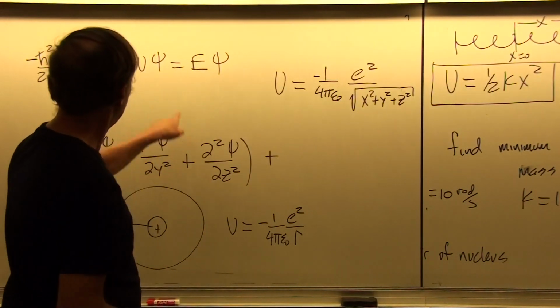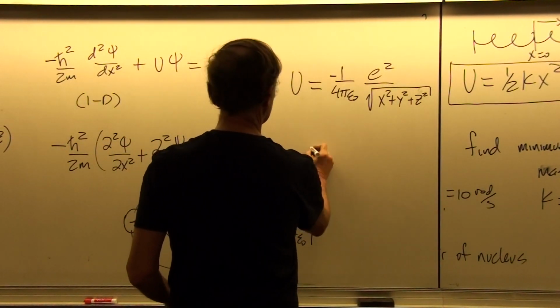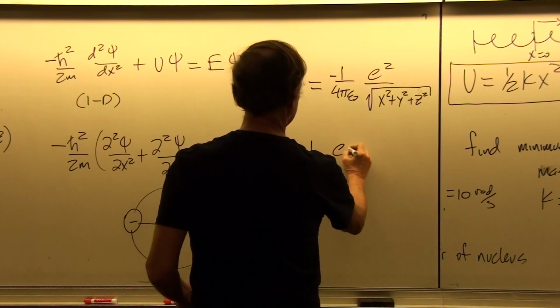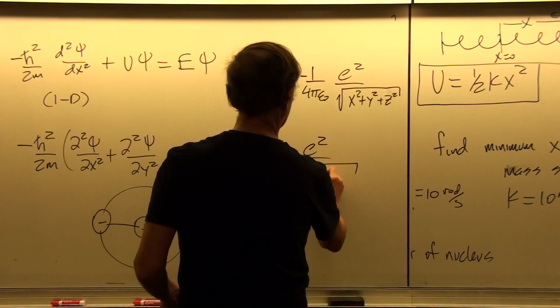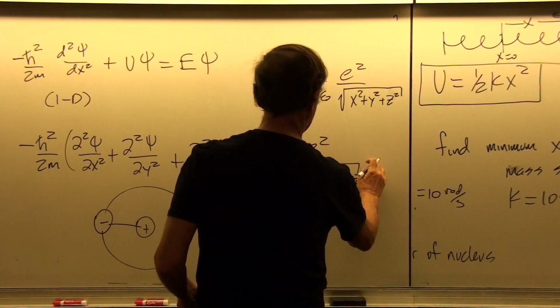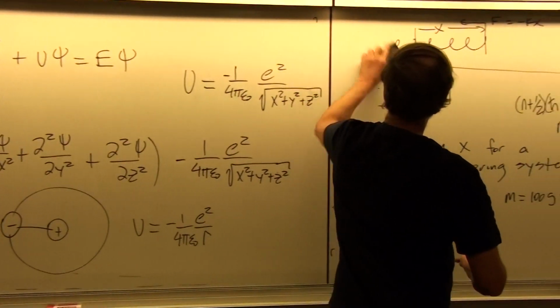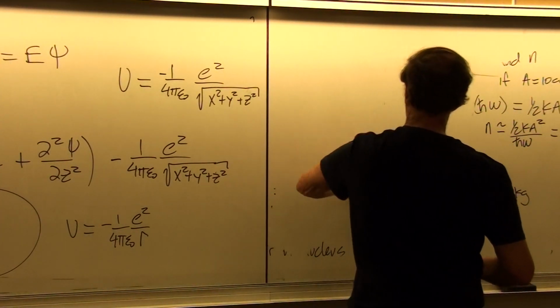And so that's going to go in here for U psi. Okay, so this will be minus 1 over 4 pi epsilon naught e squared divided by the square root of x squared plus y squared plus z squared. And then that will equal, on the right-hand side of this equation, E psi.